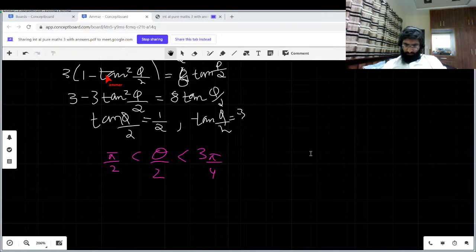What's tan inverse of minus 3? 71.5 degrees, this is half. Minus 71.5. Then it will be in the third quadrant. No, it will be in the... Pi by 2 is 90 degrees.